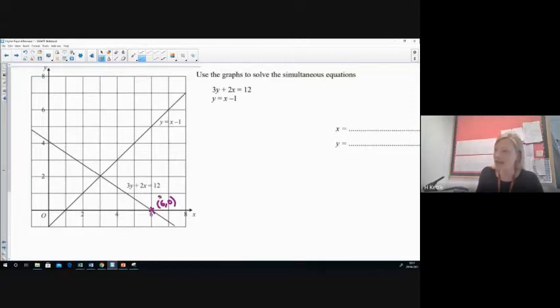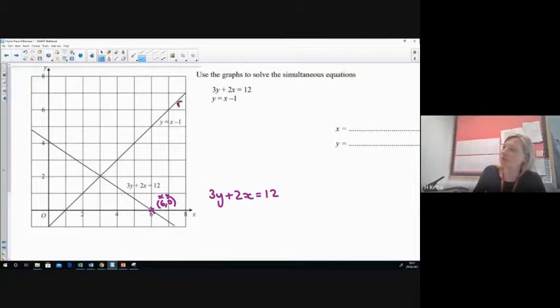Okay, so it's got an x coordinate of 6 and a y coordinate of 0. If we substitute that into 3y add 2x equals 12, we get 3 lots of 0, which is 0, 2 lots of 6, which is 12, and that does equal 12. And that will happen for any coordinate on this line. It will satisfy this equation.